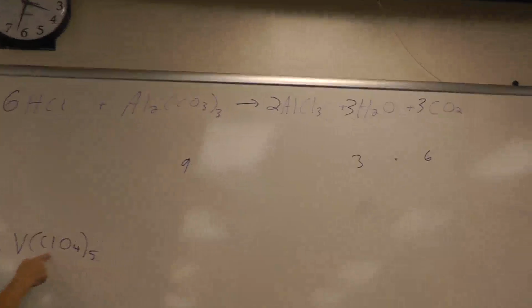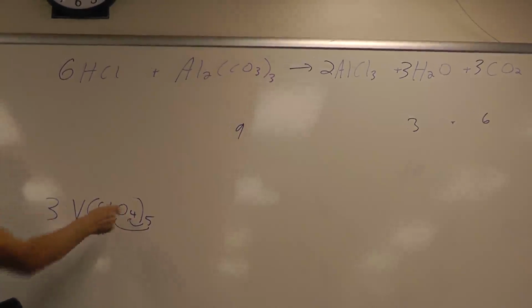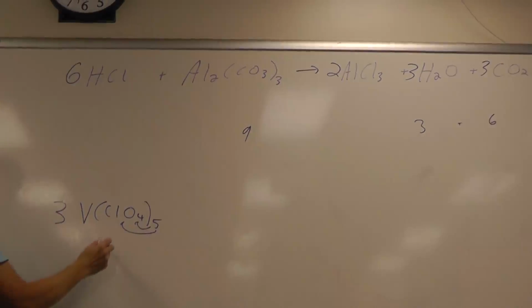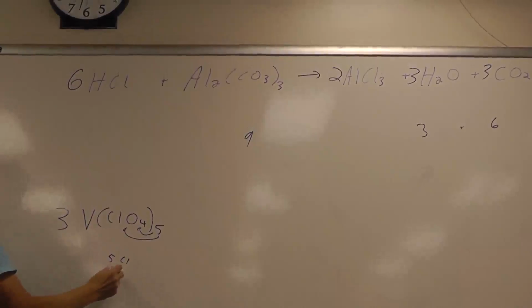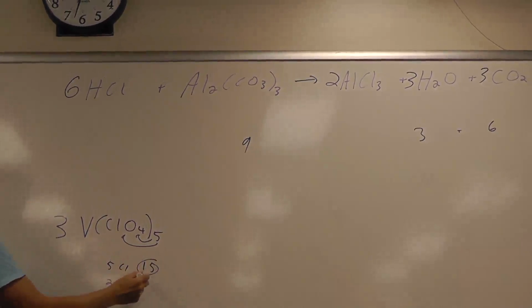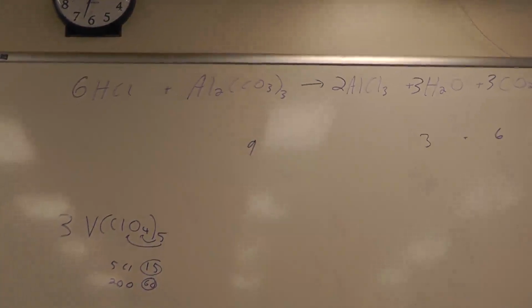Okay. So for the chlorine, when we multiply this 5 in, that's 5 chlorines and 20 oxygens, even before you do this 3. And so if that's 5 chlorine, 20 oxygens, and we multiply that by 3, it becomes 15 and 60.